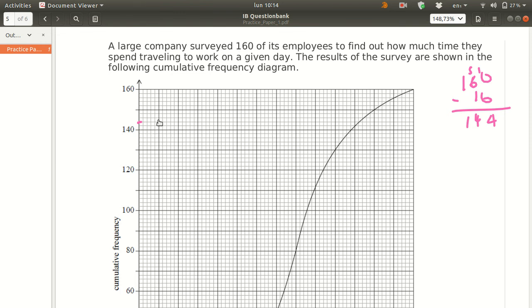So let's follow this line along. It's this 140 and up to right here. Right there. Let's follow that down.